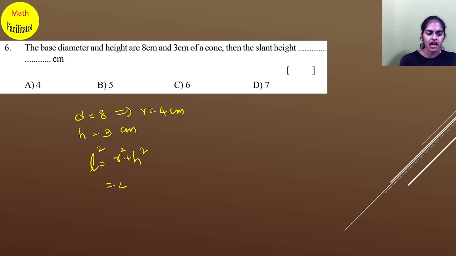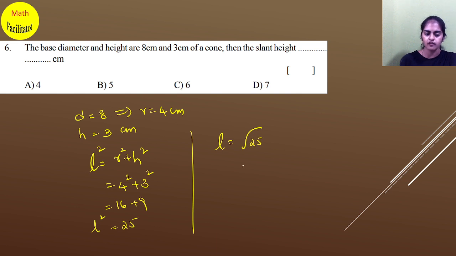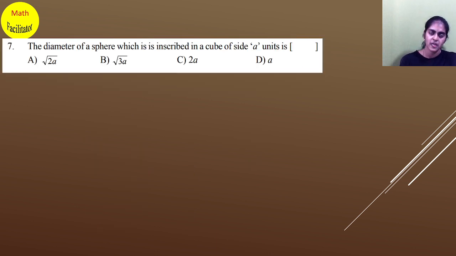So that is 4 square plus 3 square. So it is 16 plus 9. So this is 25. L square is 25. So L is nothing but root 25, or you get it as 5. So this is 5 centimeters. So this is the correct answer. Option B is correct.